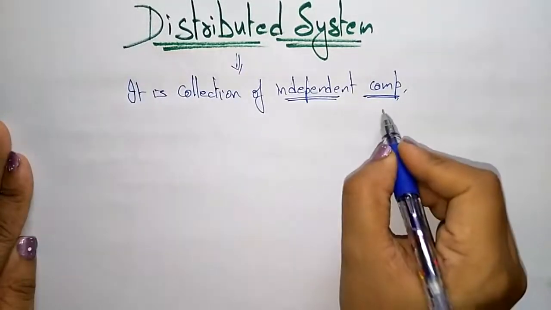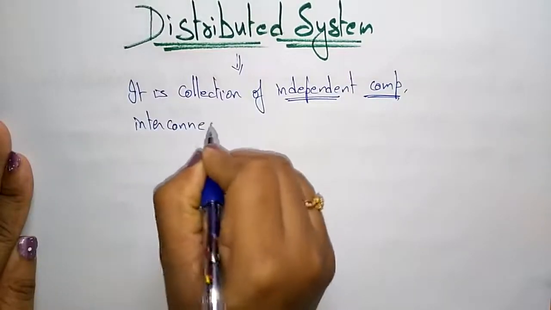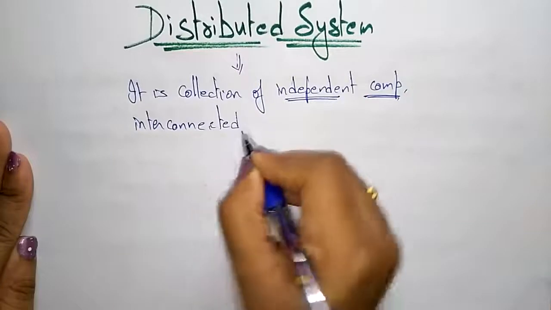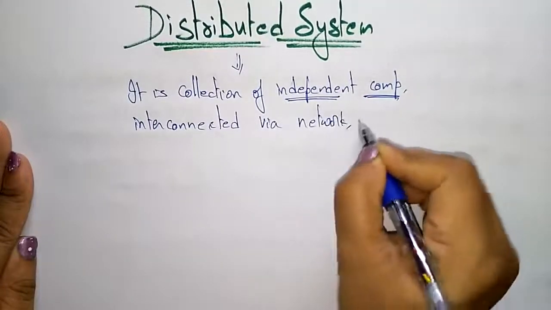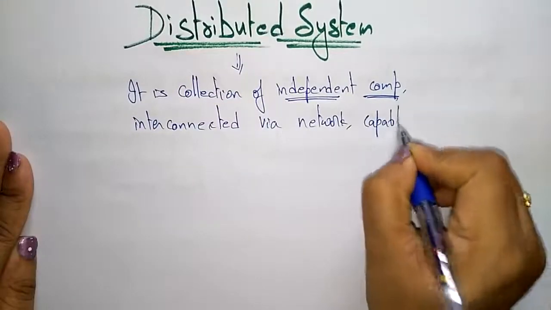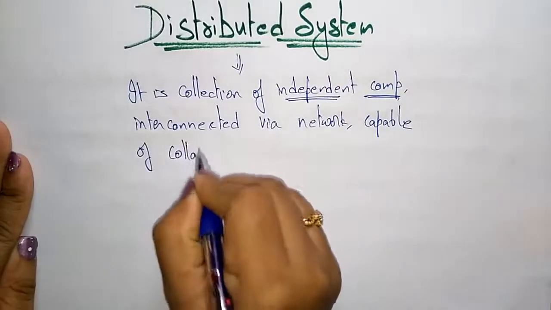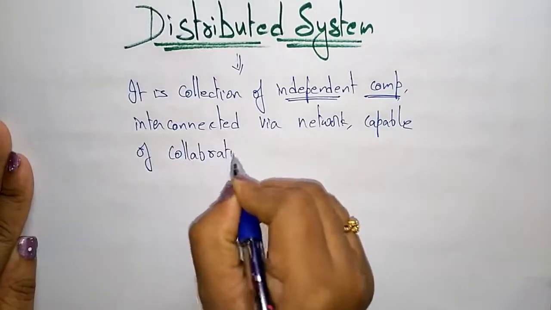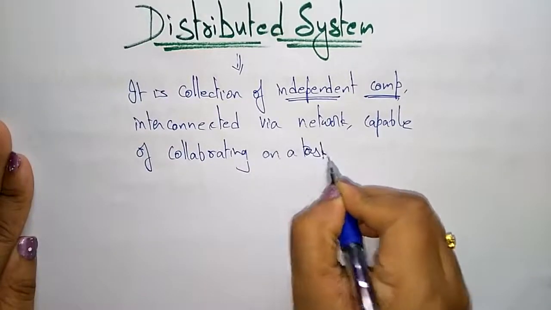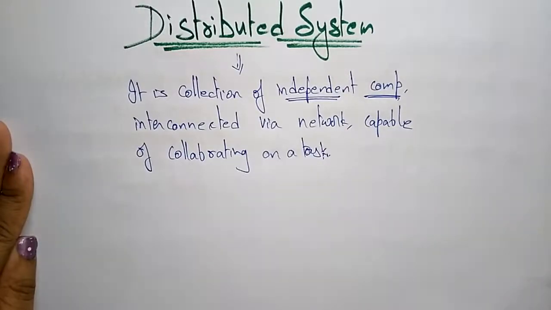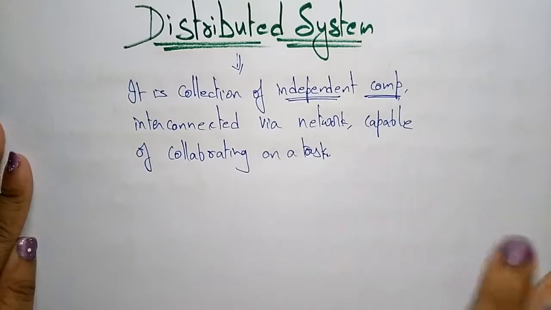So it's a collection of independent computers interconnected via network, capable of collaborating on tasks. That is a distributed system.